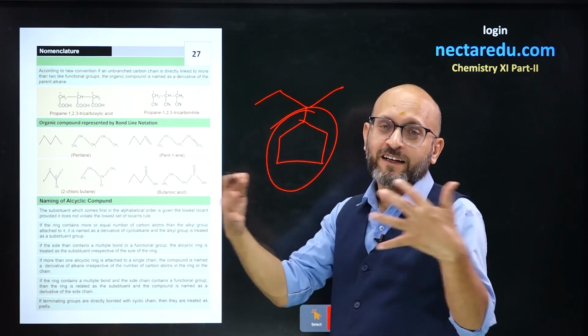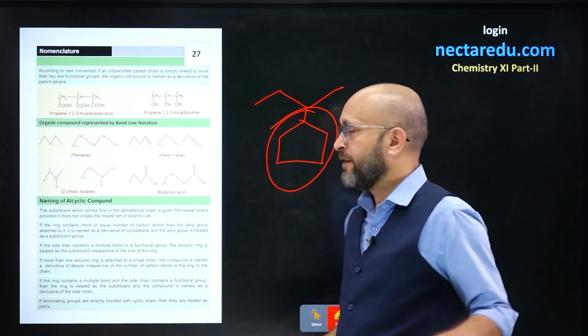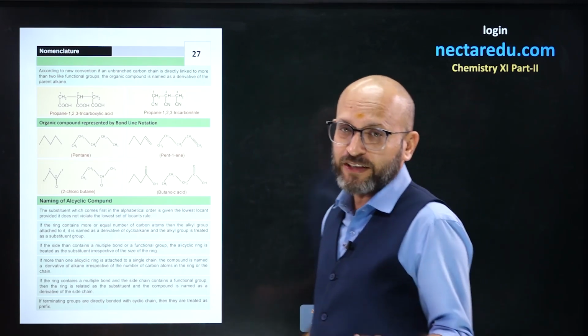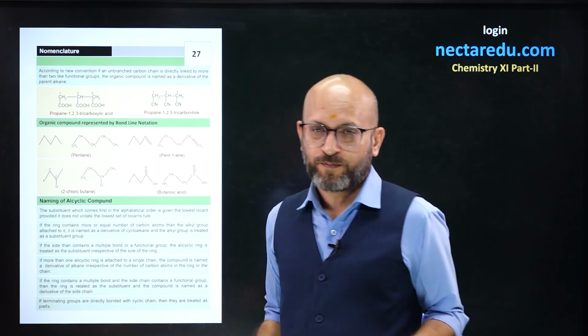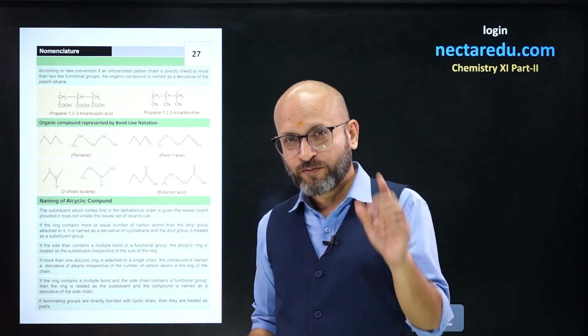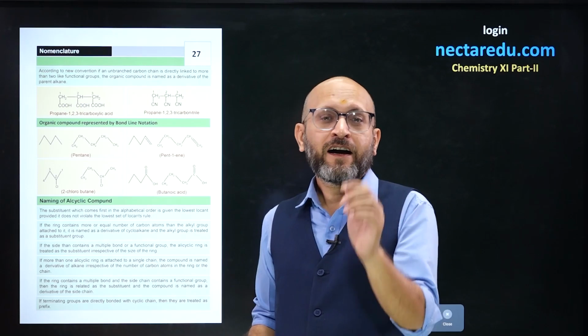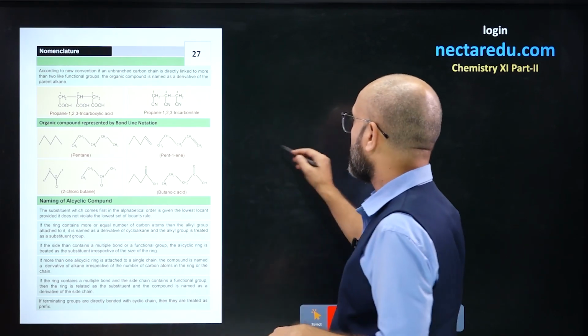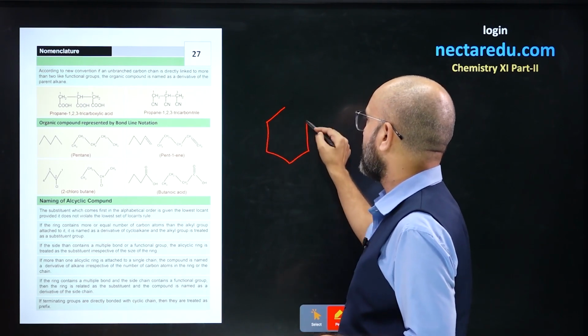Never both. We will always take either the ring or the open chain as main chain, whichever has the main functional group. If there is no functional group, we will see which one has more carbon atoms. If a functional group is present, then the number of carbon atoms is irrelevant.